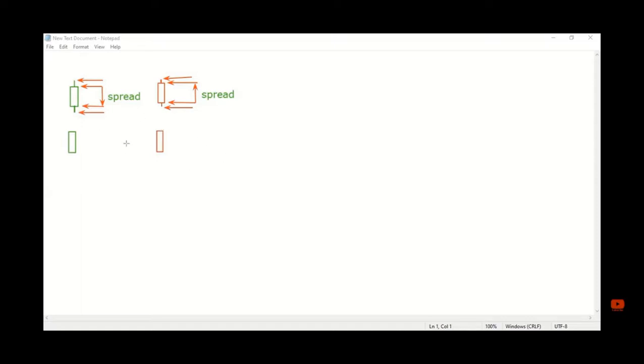So we have to analyze this volume bar with this spread. That's why this is called volume spread analysis. So how can we analyze this spread with the volume bar? Slowly I will explain, and I will give all the signals.